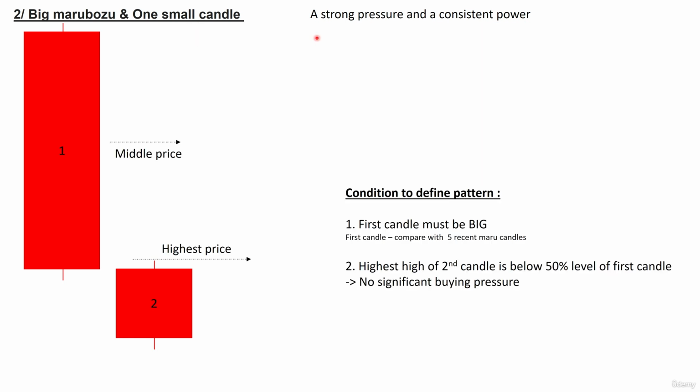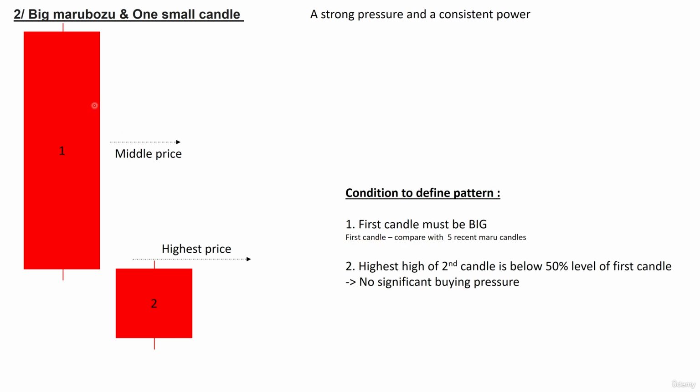So we will come into the standards right here, and at this time you can see that when we see 2 candles of the same color like this, the standards to define are also more simple. You can see right over here the first candle must be big, and we also apply the same rules right here.